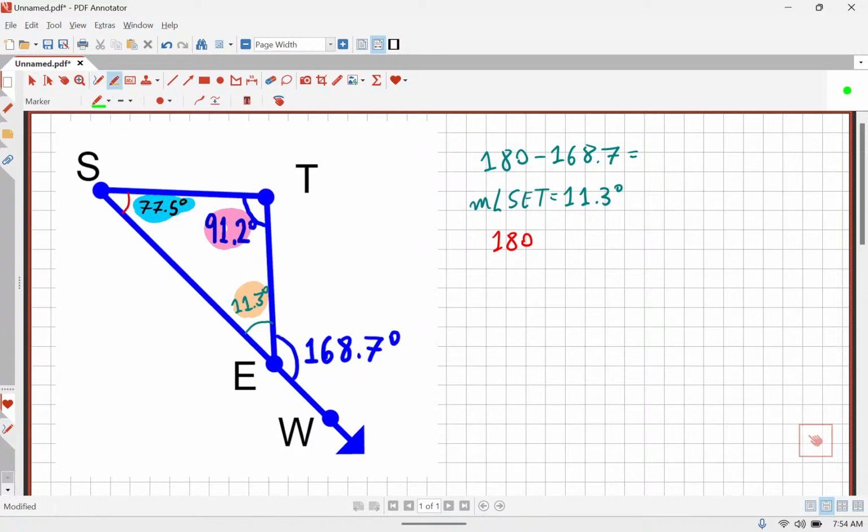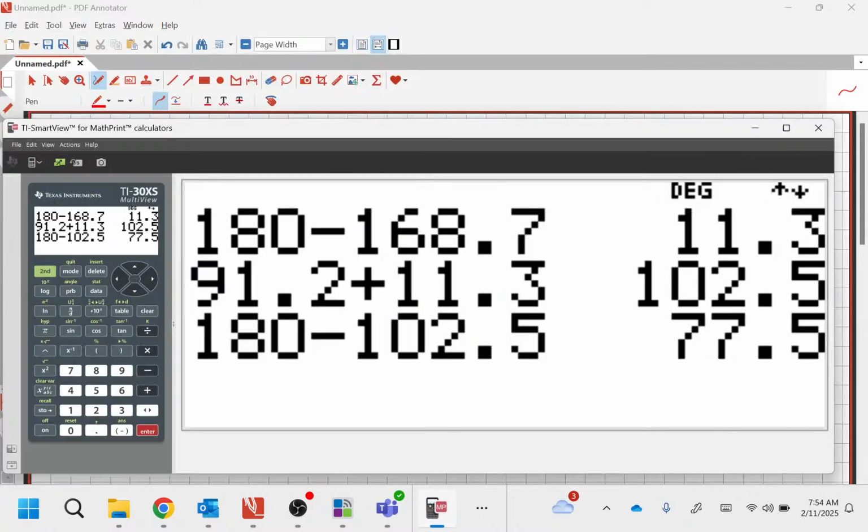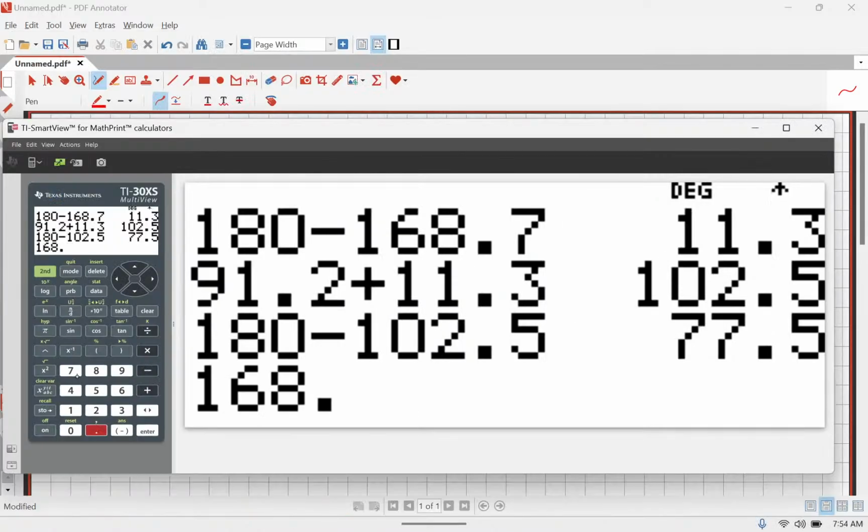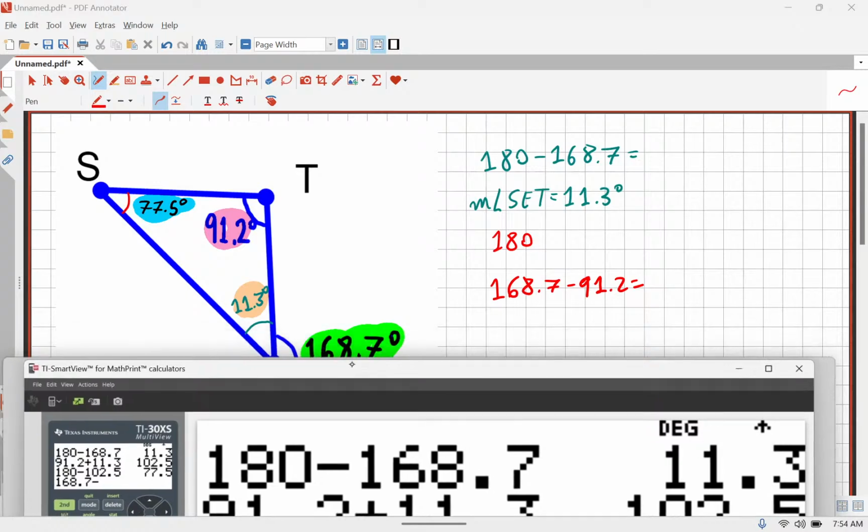Now let me color code that. The green angle here is equal to the measures of the blue angle and the pink angle put together. I love the way you put that, Gracie. A lot of people feel like, that's really cool, but I'm not going to do that.